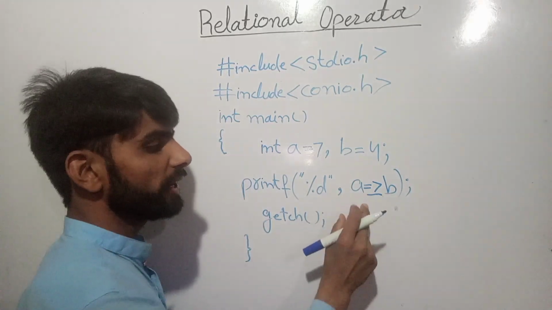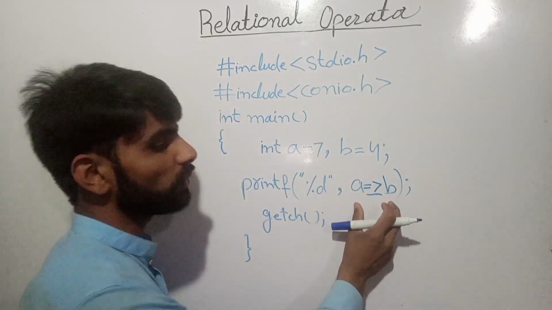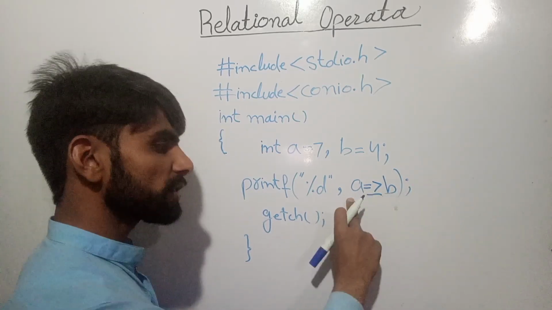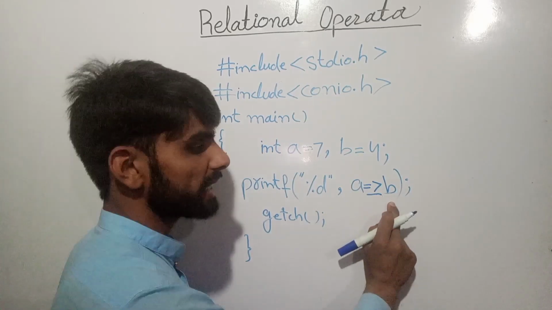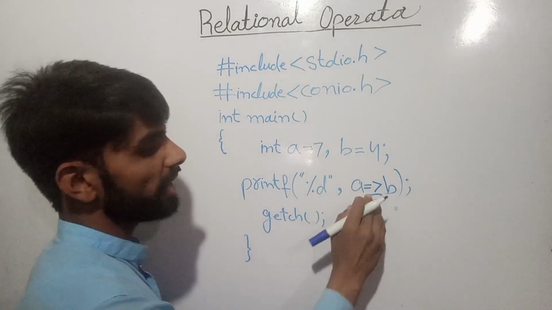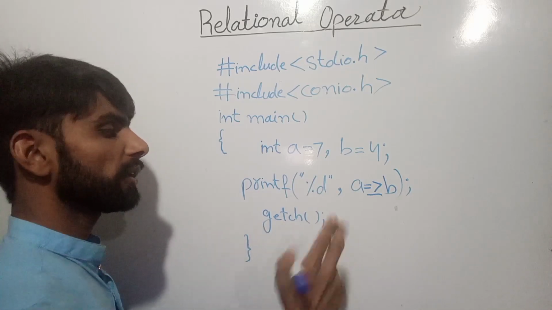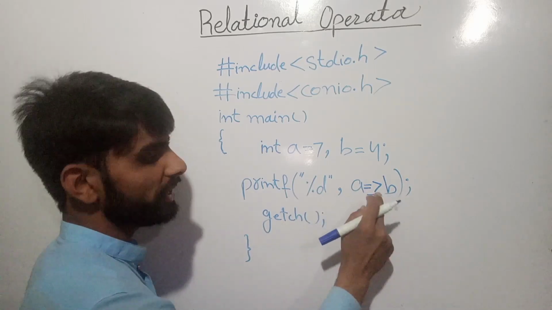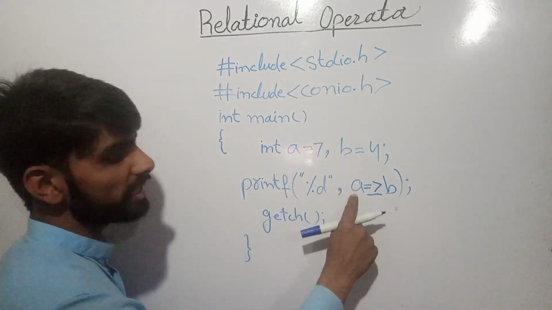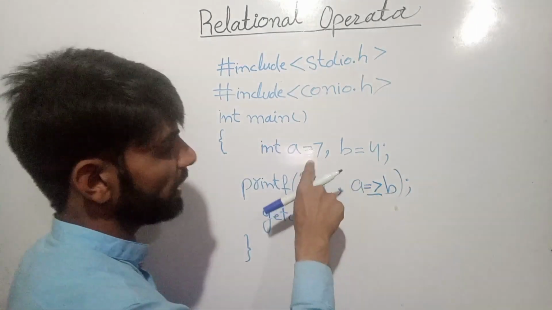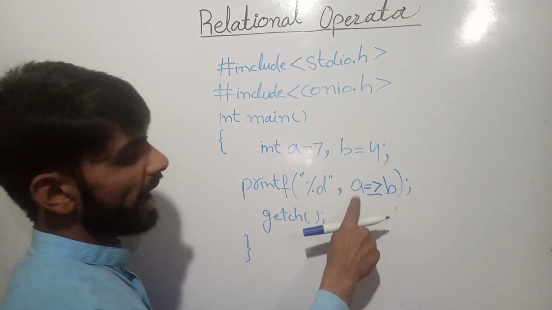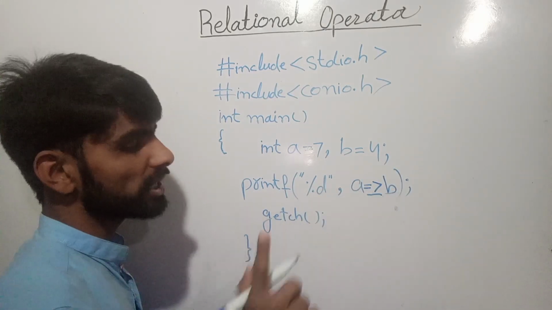First, if the two operands are equal, then it is a true condition. If the first operand is greater than the second, then the condition is also true. So this operator has two conditions: first equality and second greater than. First, a equal to b, 7 equal to 4, is not true. And a greater than b is true.